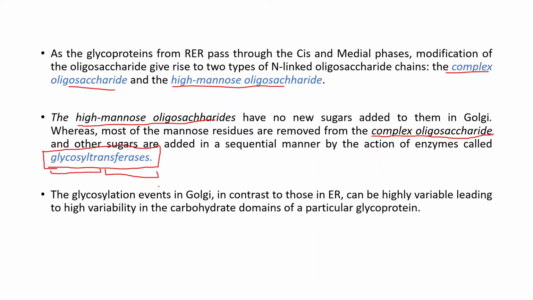The glycosylation events in Golgi, in contrast to those in ER, can be highly variable, leading to high variability in the carbohydrate domains of the particular glycoprotein. So this is how we obtain variability in different proteins. Say lysosomal proteins will be glycosylated in a different manner, the plasma membrane proteins will be glycosylated in a different manner, and so on.